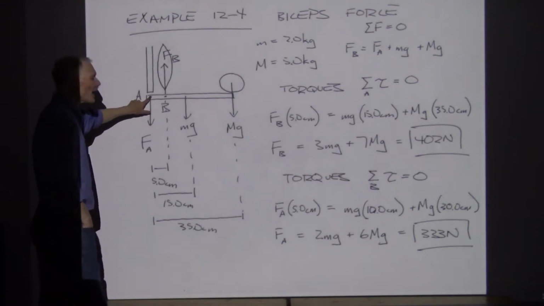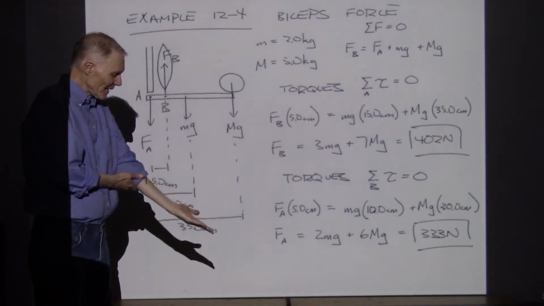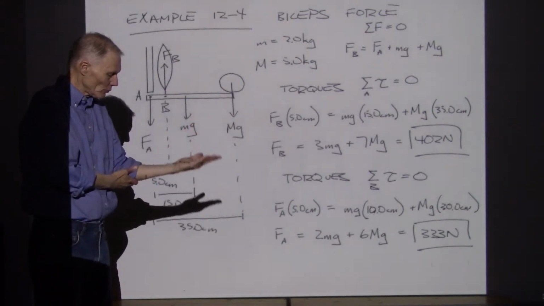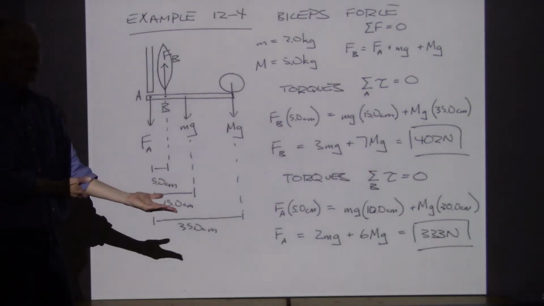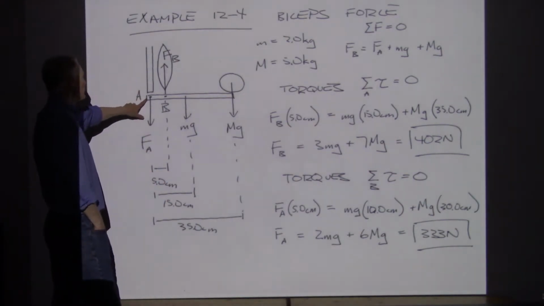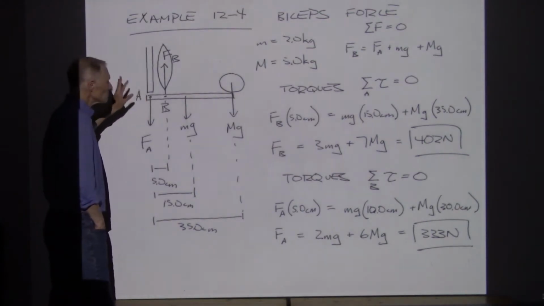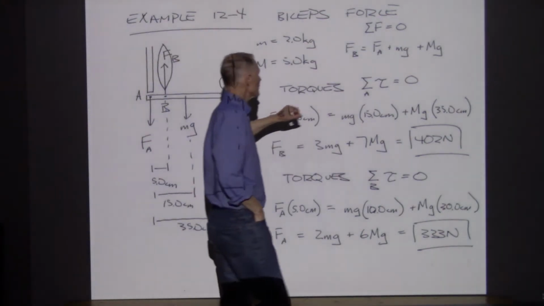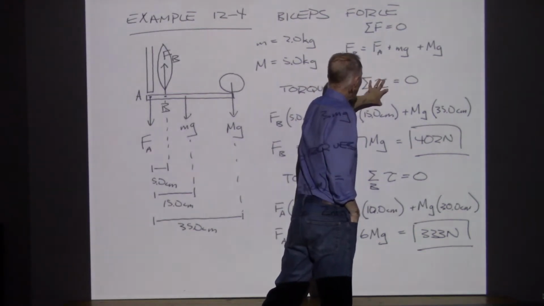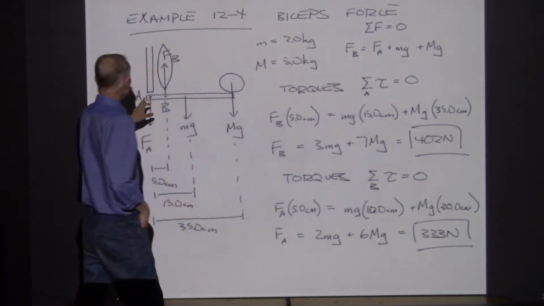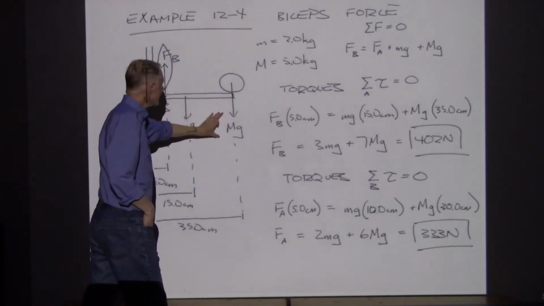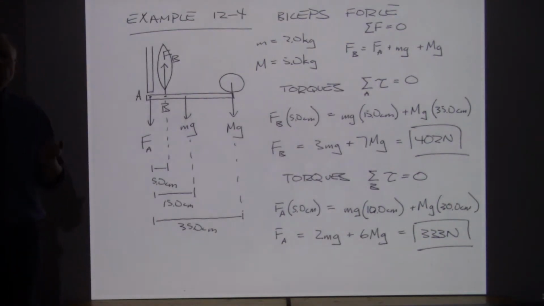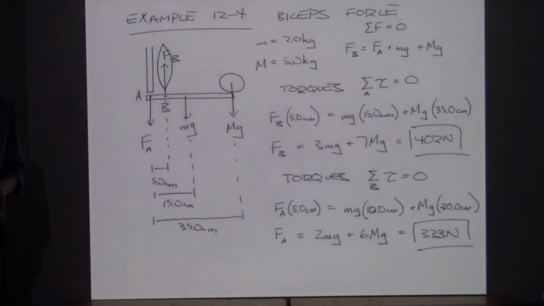If I'm starting with point A, in some ways that seems like a natural way to think of rotations. The rotations naturally are occurring around my elbow joint. I don't have to do it for that reason, but let's see what happens with the torques. When all the torques add up to 0, I've got to look at each one of these forces: force A, force B, mg, big MG, and ask how much torque each one of those forces is providing.